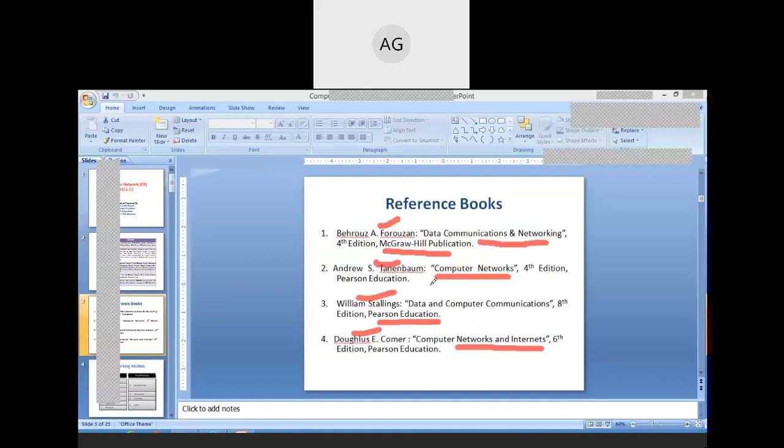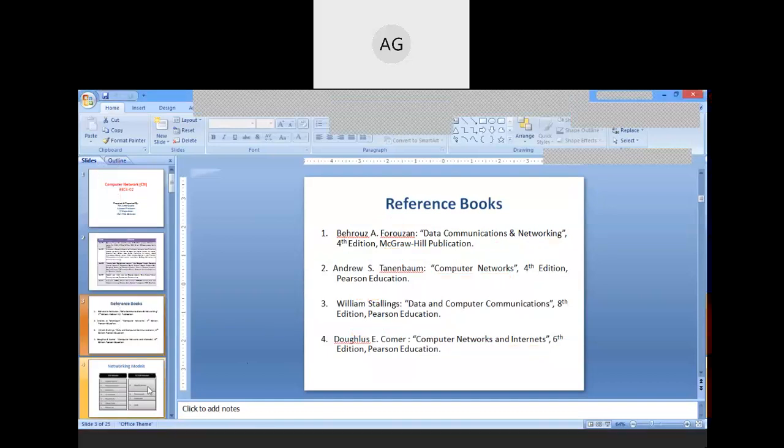All these books are available in our library. You can take the books, and the ebook is also available in our library. You can take any of the books. So let's proceed to the next slide.